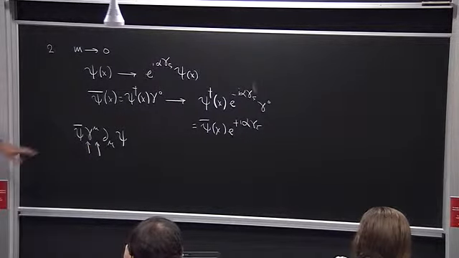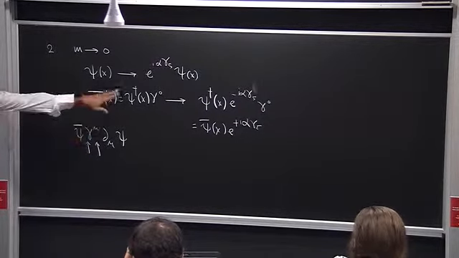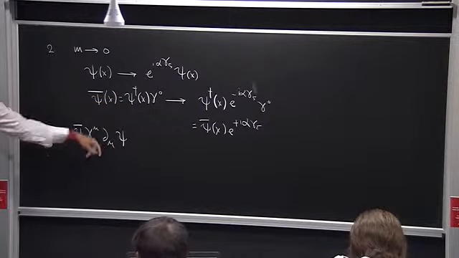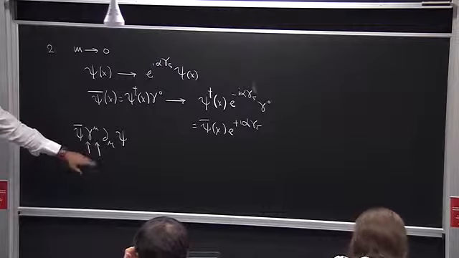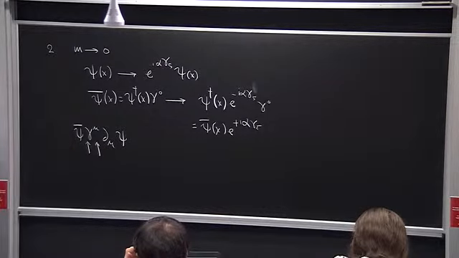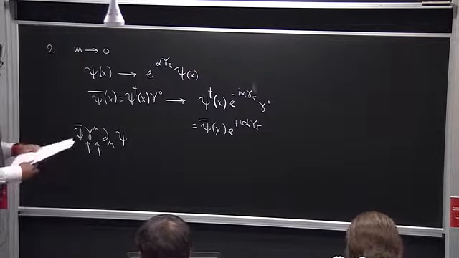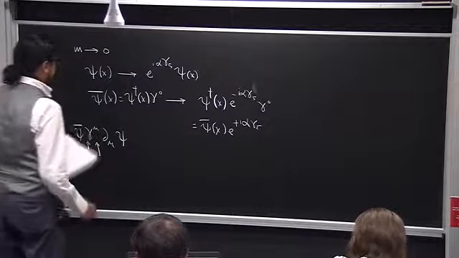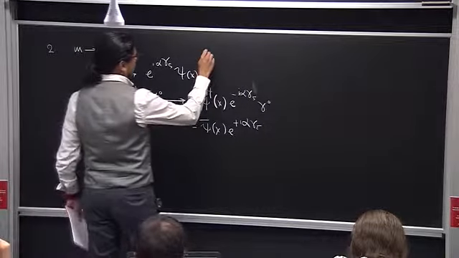And because gamma 5 anticommutes with gamma mu by the same logic that we just used, when you pull one of these exponential factors through, it'll flip sign again, and therefore they will cancel. Okay? So we can see that in the m equals 0 limit, there is an additional symmetry. And this symmetry is sometimes called the chiral symmetry.